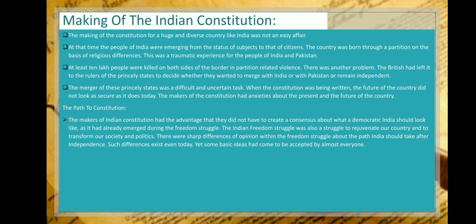The merger of these princely states was a difficult and uncertain task. When the constitution was being written, the future of the country did not look as secure as it does today. The makers of the constitution had anxieties about the present and the future of the country.